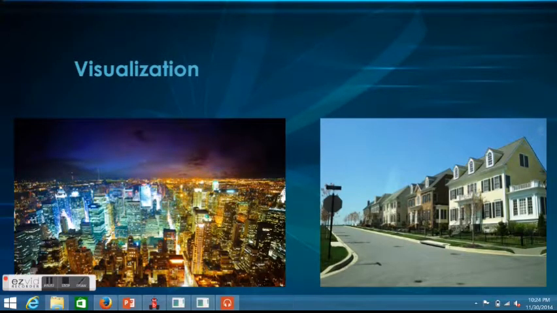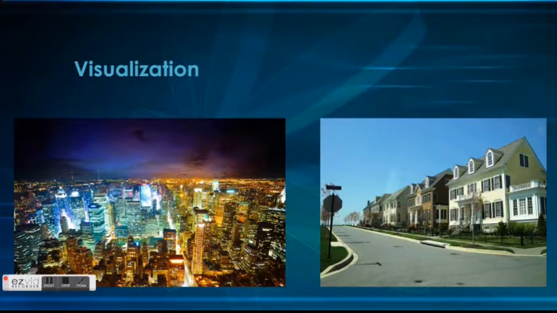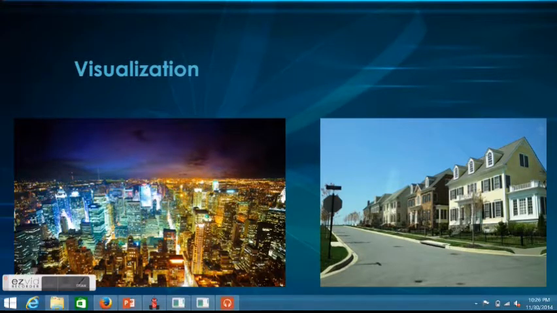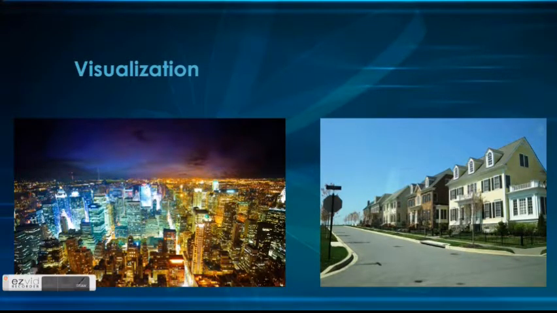To help give you a visualization, I want you to take a look at these two pictures here. The one on the left is a picture of a bustling city, and the one on the right is of a quiet neighborhood. Now, which one do you think has the most entropy? The one on the left does.